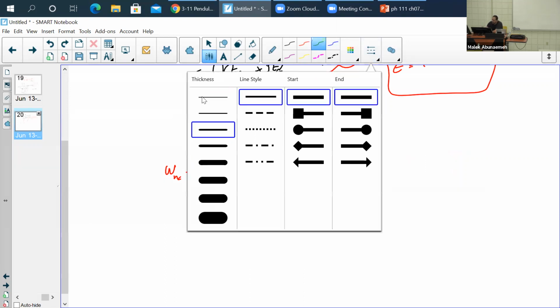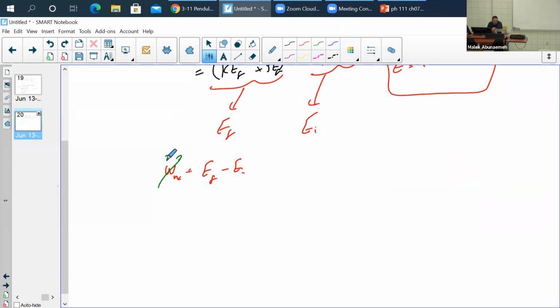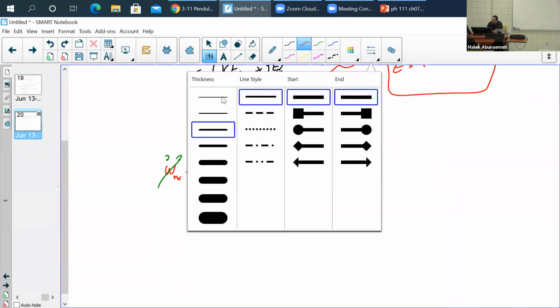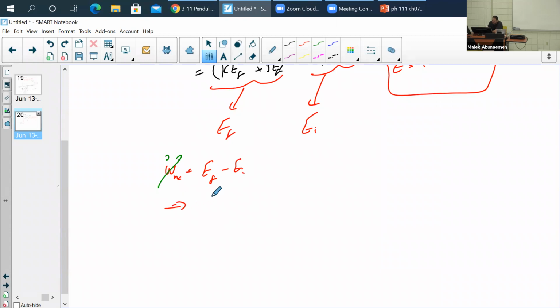So if your non-conservative work equals 0, that means your final energy is going to have to equal your initial energy.